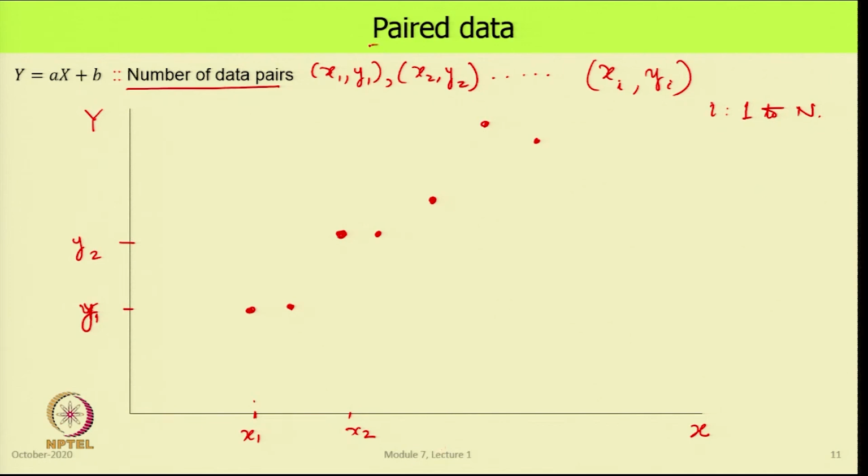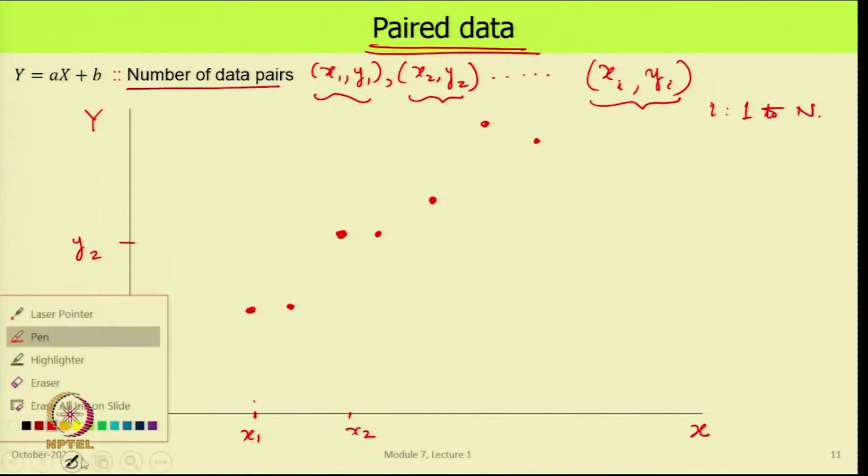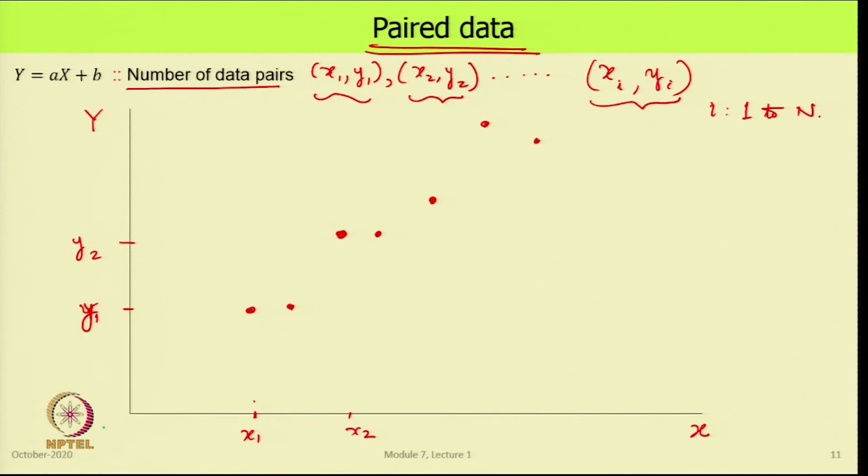That is what is called paired data, pairs of data. And now we say that my objective is, in a linear regression, what you may have already come across, that I want to fit a line to this.